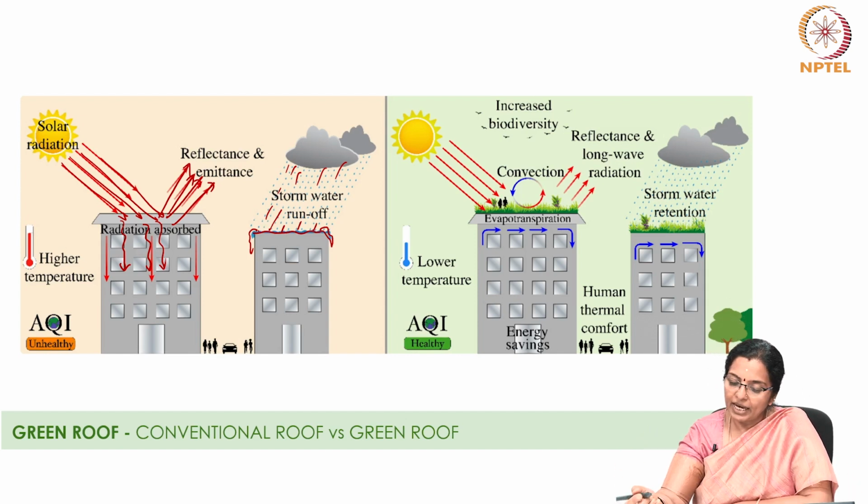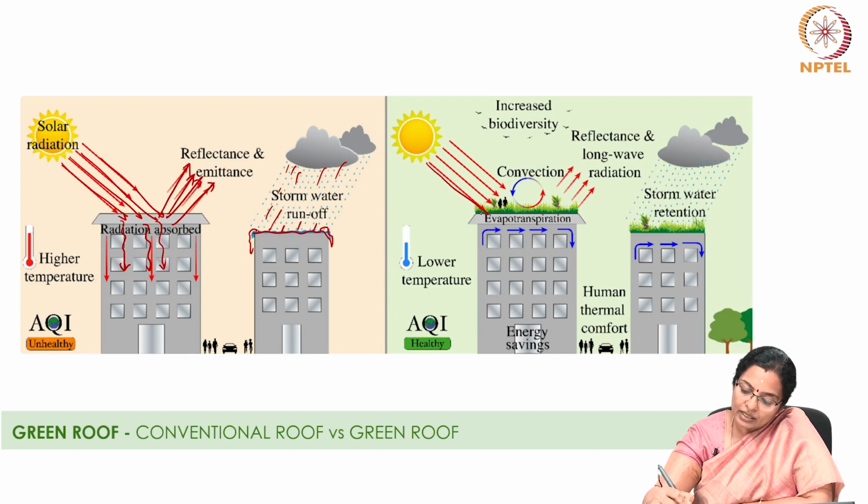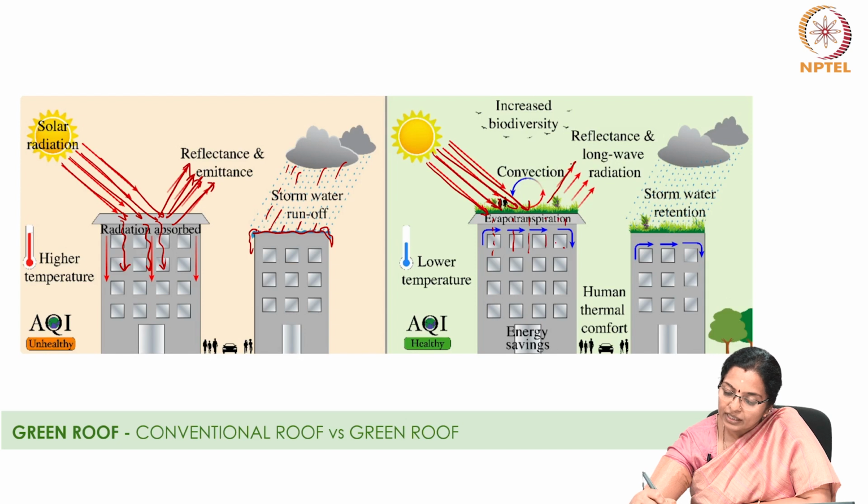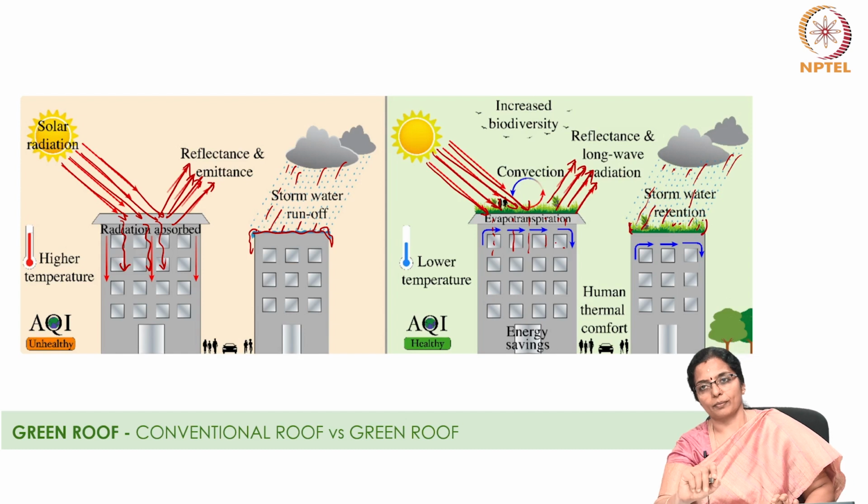Whereas when we have a green roof, there is less transmission or conduction of heat, and also there is very less reflectance of heat. Besides, there is increased biodiversity, and when it rains, the rainwater is retained when you have a green roof.